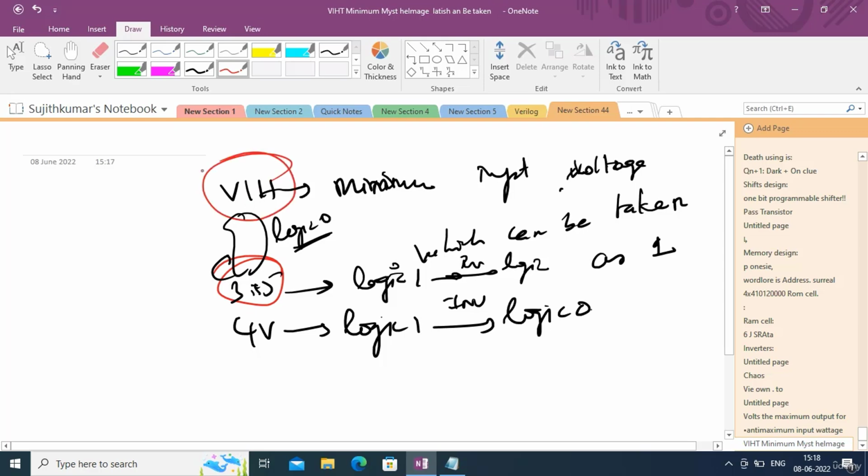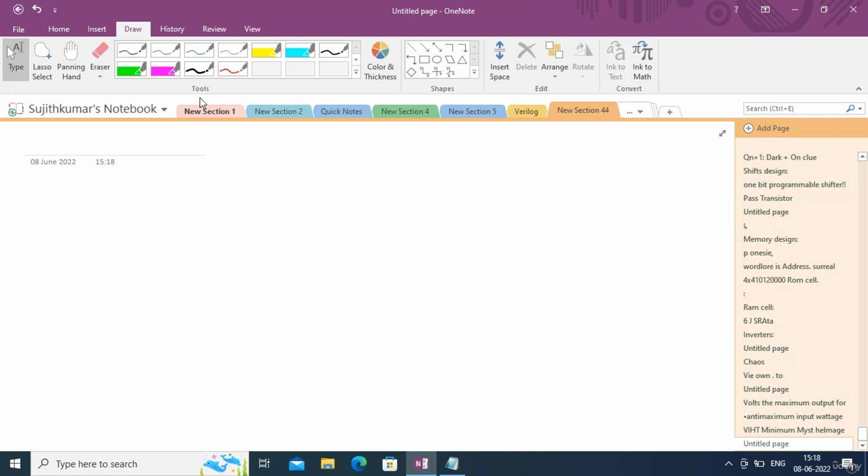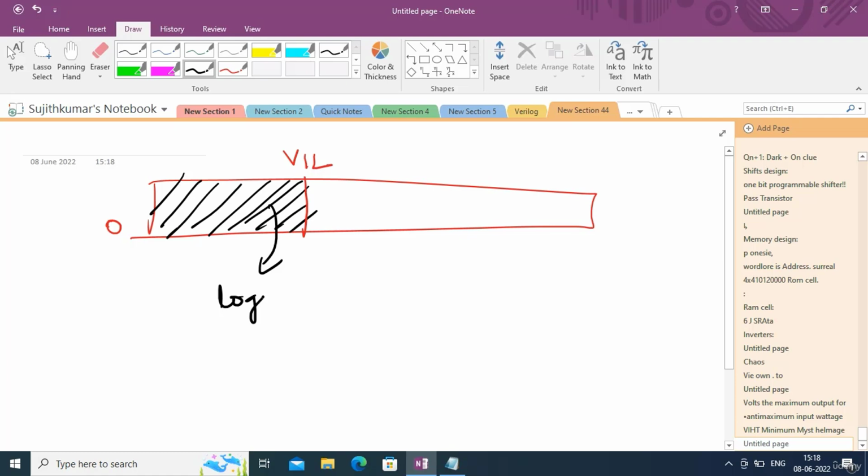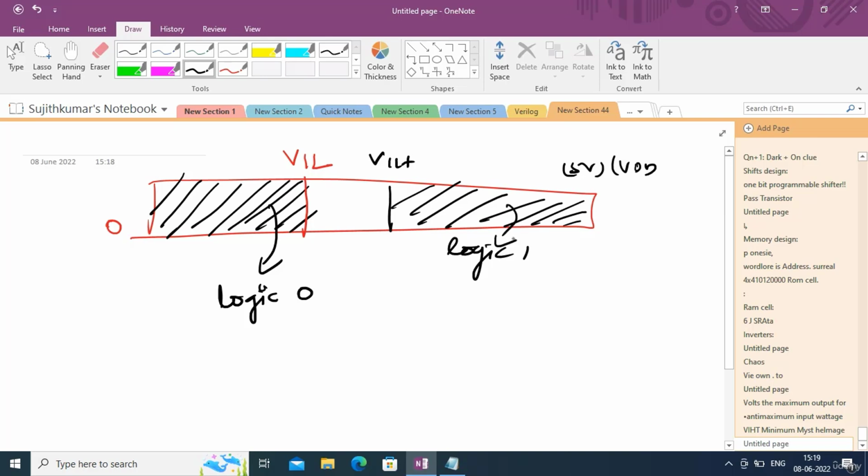So your input band will appear like this. This is the input band. From 0 up to VIL, all these voltages will be taken as logic 0, and from VIH up to 5 volt, VDD, which is the maximum you can apply, all these voltages will be taken as logic 1, right?